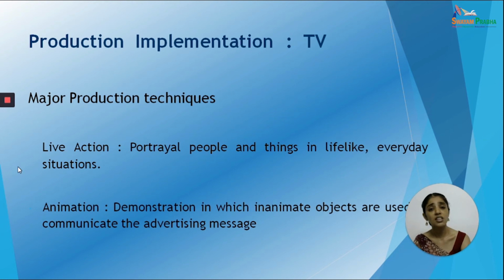You might have seen in several advertisements, cartoon characters or animated advertisements used, sometimes for fun, sometimes to explain something in a better manner, sometimes to just cut the clutter. So a producer needs to decide during the pre-production stage what technique is going to be used here.